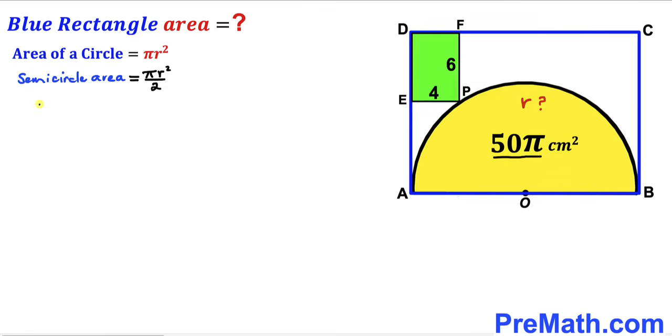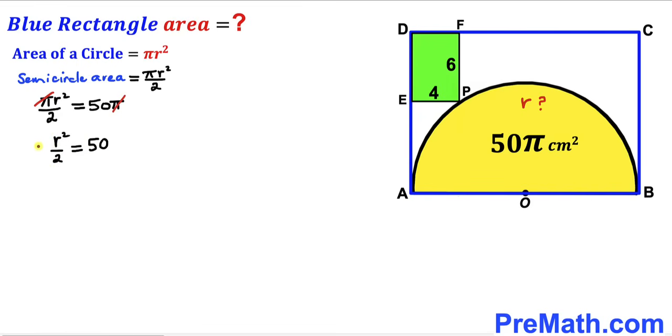So I can write pi r squared divided by 2 is equal to 50 times pi. Now we can see pi and pi cancel out from both sides. Therefore r squared divided by 2 is equal to 50.